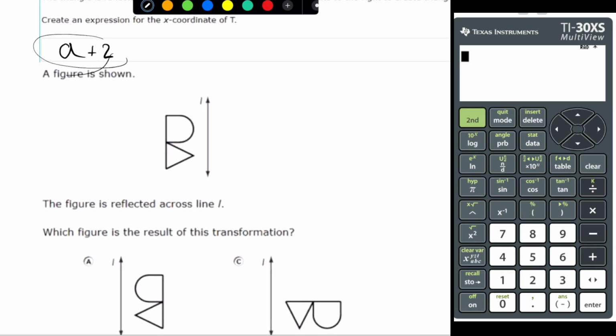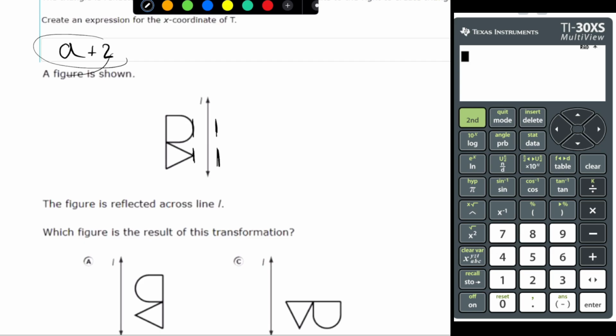Okay? So remember when we talked about reflections, if you watch the first transformations video, I said the points that were closest to the axis that you're reflecting over would be the points that are closest to the axis after reflection.